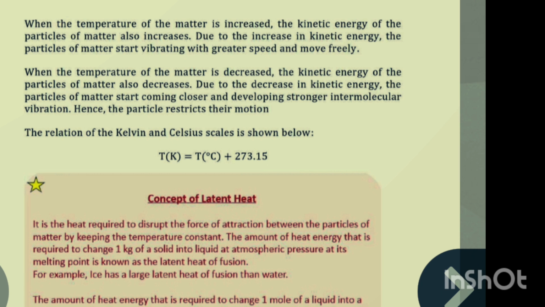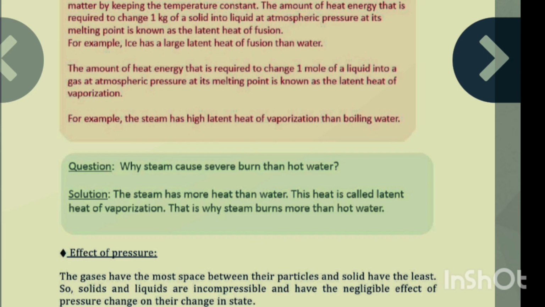Example: ice has a large latent heat of fusion compared to water. The amount of heat energy required to change 1 mole of liquid into a gas at atmospheric pressure at its boiling point is known as the latent heat of vaporization. Example: steam has a higher latent heat of vaporization than boiling water.